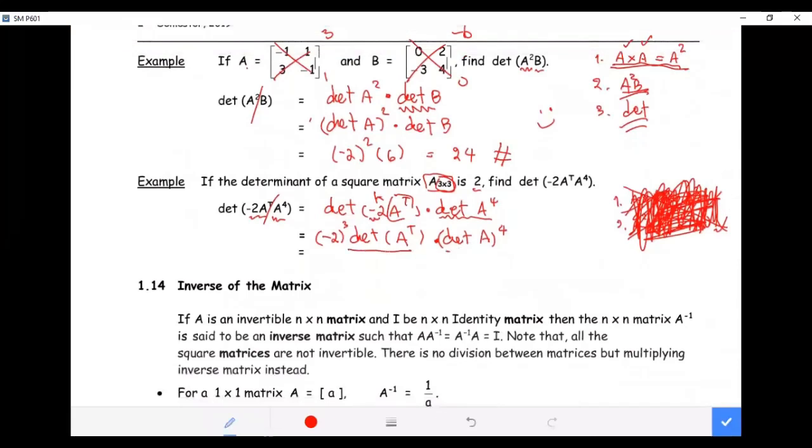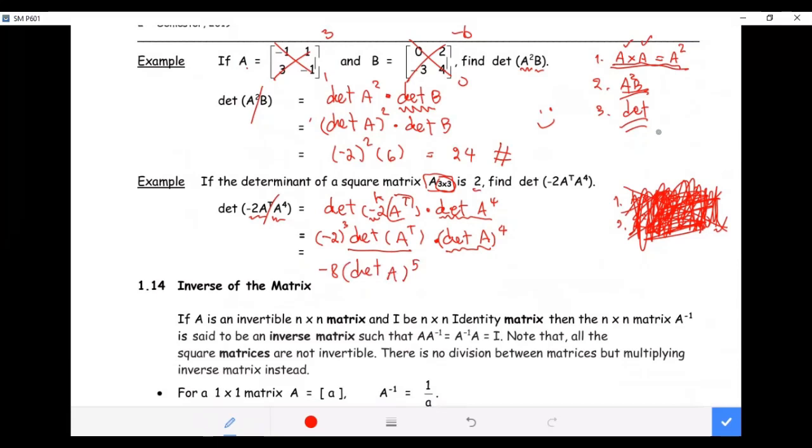We can just combine them into -2 power 3, that is -8. We finished the constant, and this and that, we just combine into det A power 5.